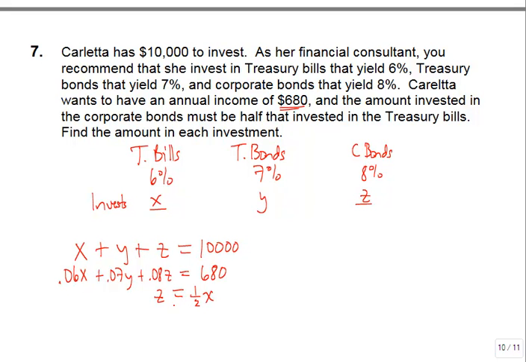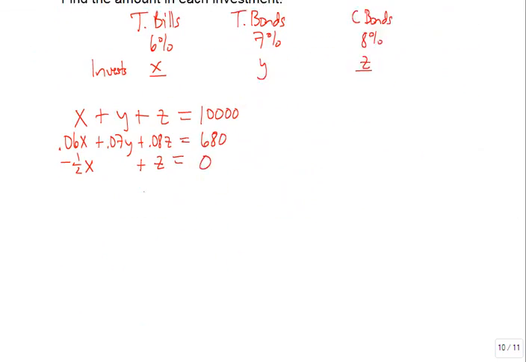I'm just referring to the amount invested, which is just the variable by itself. It's not referring to the interest earned, just the amount invested. Now, to make this bottom equation line up nicely, you probably will want to subtract that 1/2 X over to the left side, and therefore you'll have a 0 on the right side. And this Z is a positive Z. So now all my X's, Y's, and Z's are all lined up.